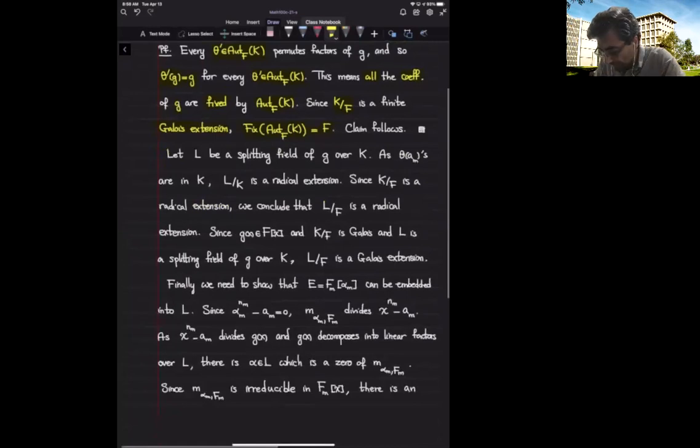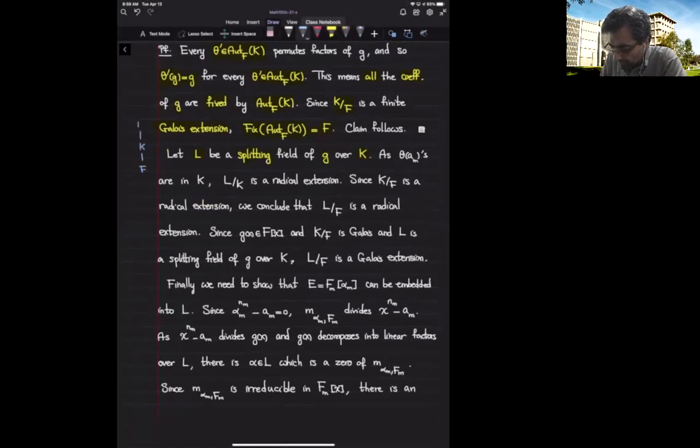Let L be a splitting field of this binomial over K. So again, we are in this kind of picture. We have F here, we have K on top of this, and this is a Galois extension.